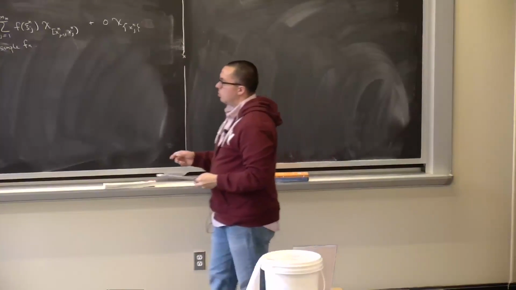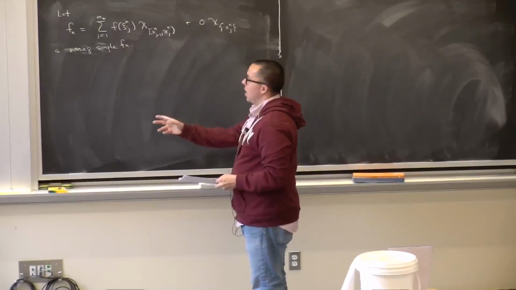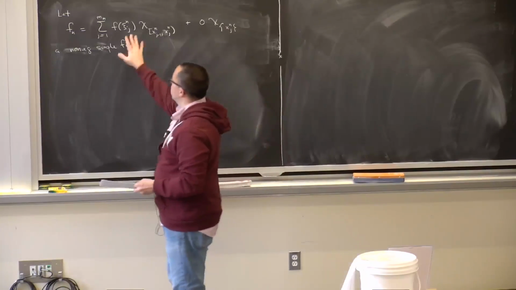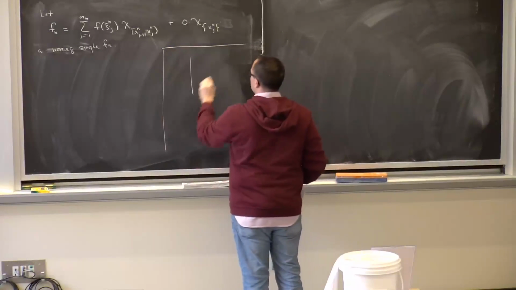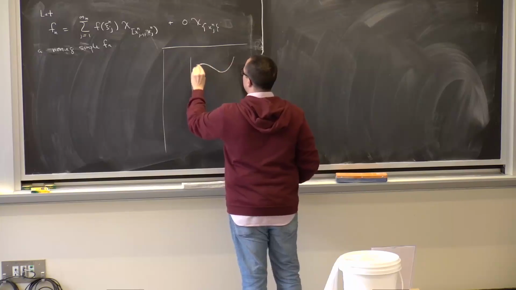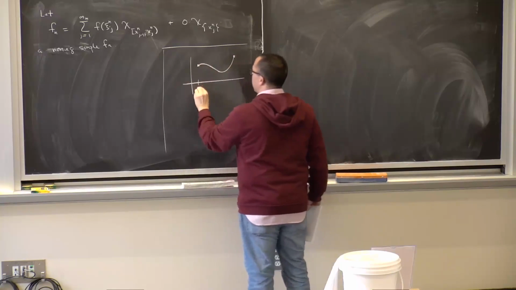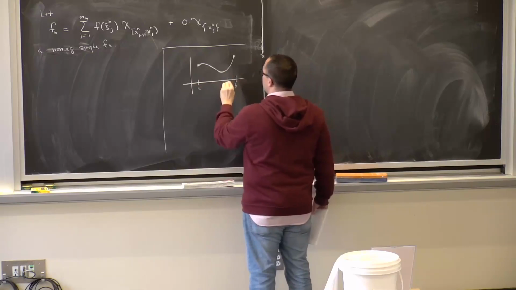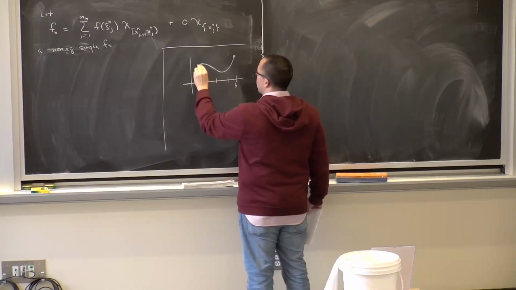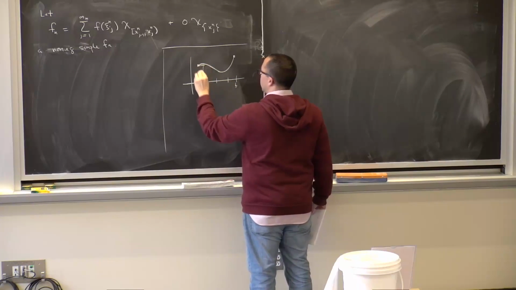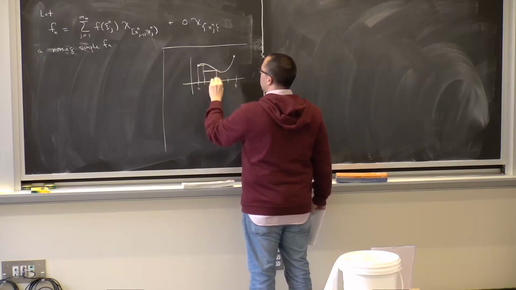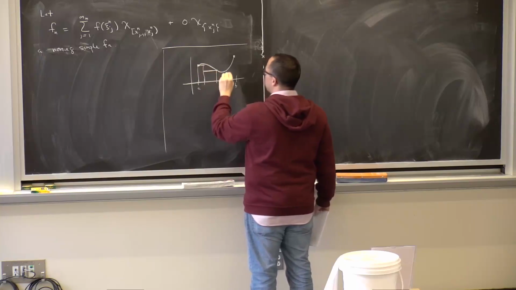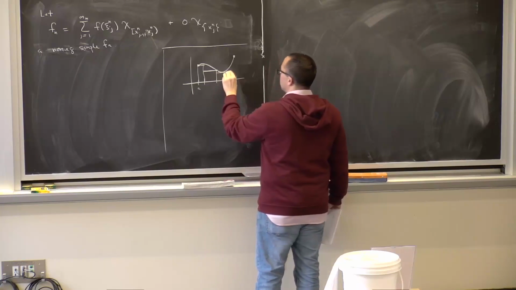So what's happening now, and why did I choose the xc in? Let me draw the picture that goes with this. I have my function f on AB, and what I'm doing is cutting up the domain to get the approximate Riemann integral.